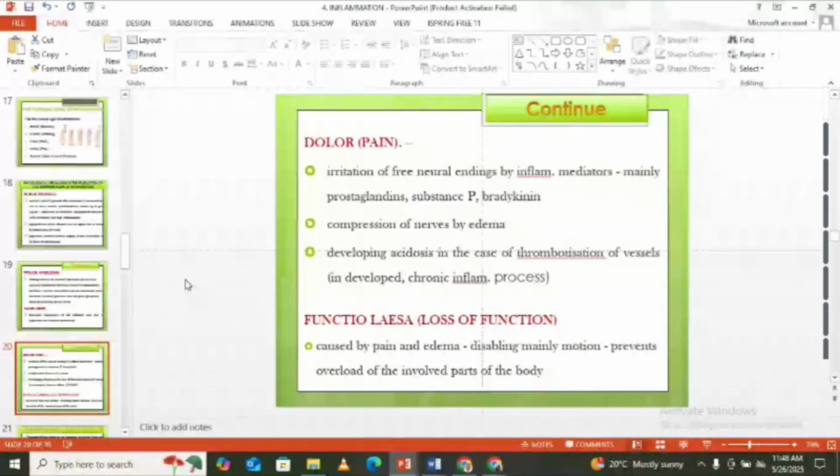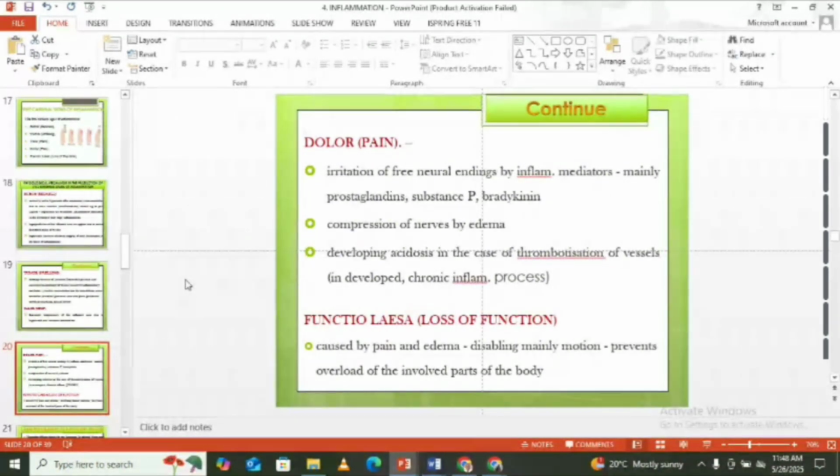There could also be compression of nerves by edema, because remember that there will be increased blood flow to that area, so there will be edema. With increased edema of that area, it can compress the nerve endings, and that can cause the pain. It could also be because of acidosis developing around that area, more especially in cases of chronic inflammation.